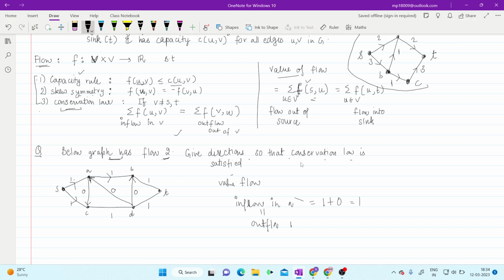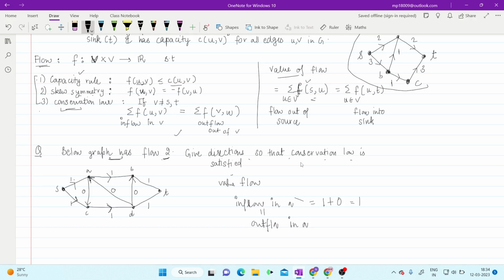CD only. Yes, because inflow in C is again 1, so outflow should also be 1. So CD. And what about BT and DT?